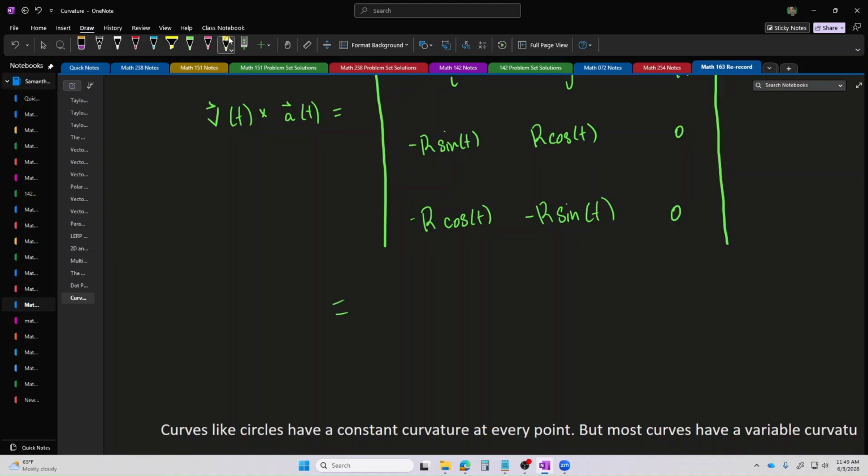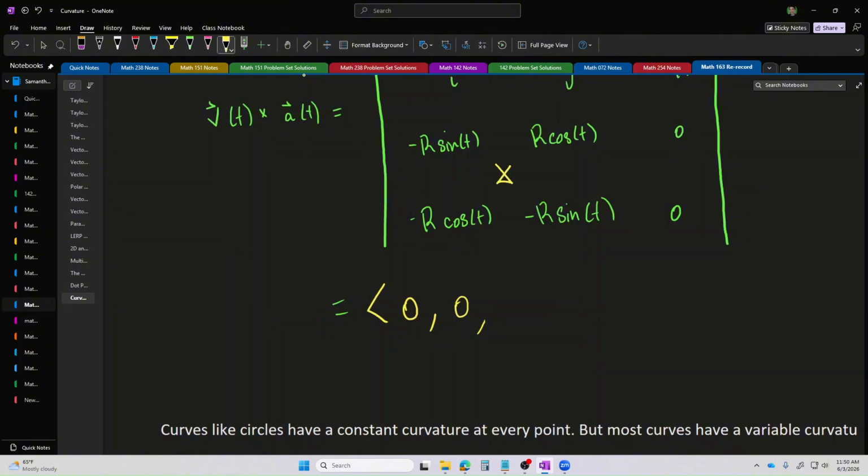For example, if I think about what is the x component of this result, the x component is just going to be equal to 0 because of this column of zeros on the right side. If I think about what is the y component of this cross product, I'm also going to get 0 in this case, again because of this column of zeros on the right side. And then for the z component, this is where I have to be somewhat careful.